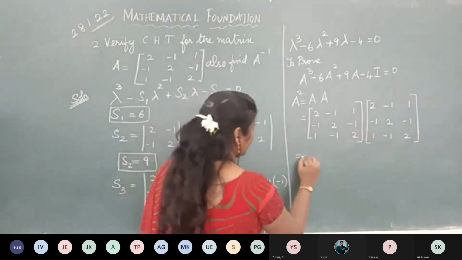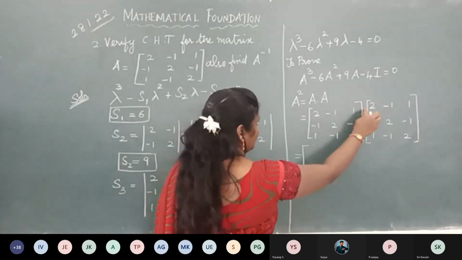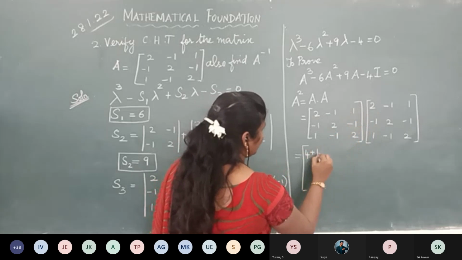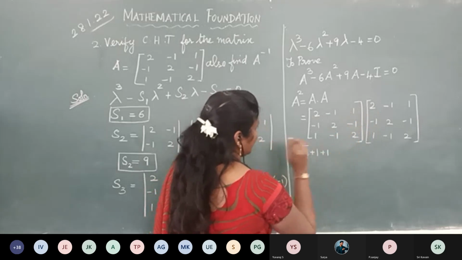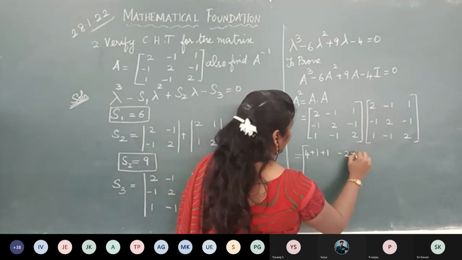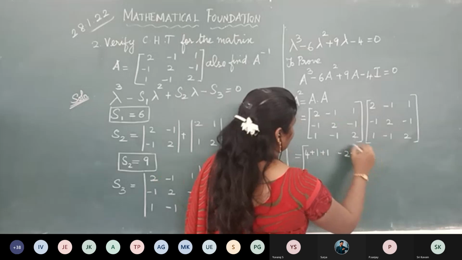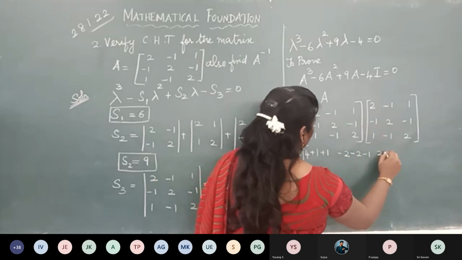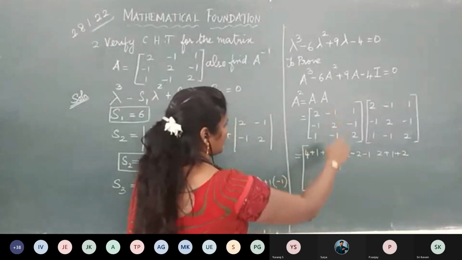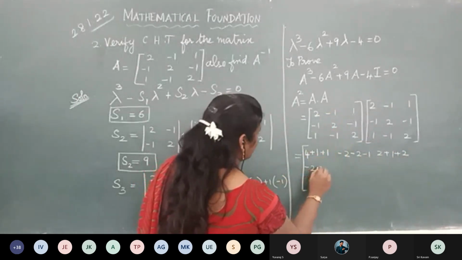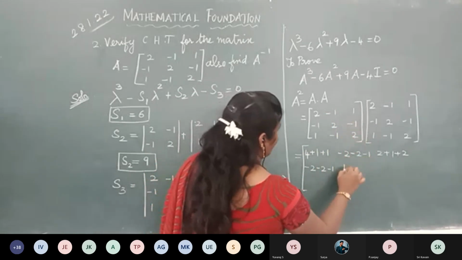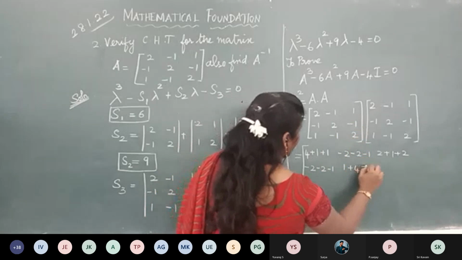Multiply carefully. First row, first column: 4 plus 1 plus 1. Next, first row, second column: minus 2, minus 2, minus 1. Then 2 plus 1 plus 2. Second row, first column: minus 2, minus 2, minus 1. Then 1 plus 4 plus 1.